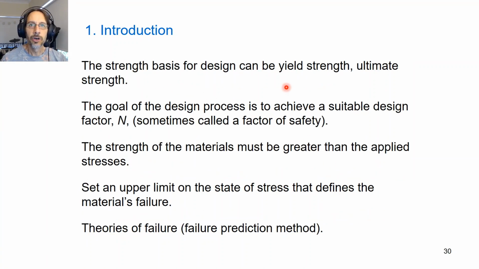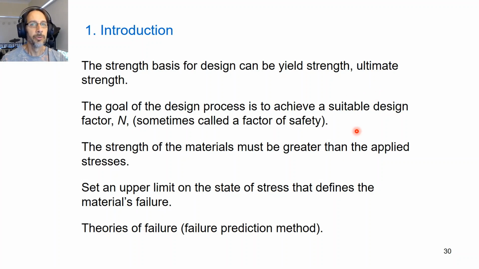Okay, so when we design for strength, we can design based on the yield strength, or we can design to the ultimate tensile strength of the material. And we'll look at what these are if you haven't come across these before. Understand that some of you would have done chemistry and material science here at uni. You may have done engineering studies at school, or you may have done neither of those.